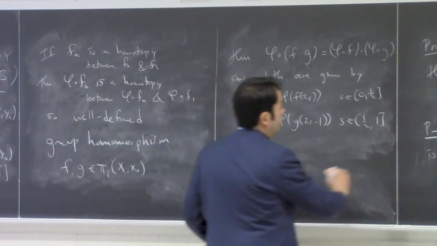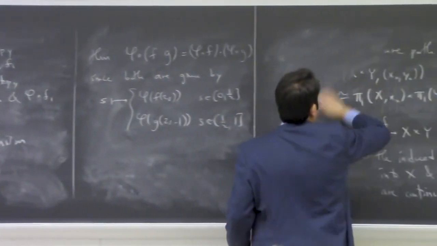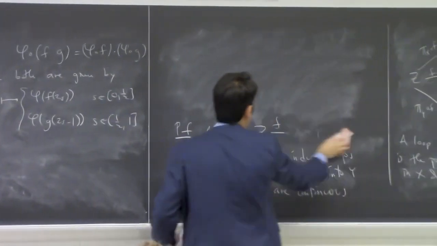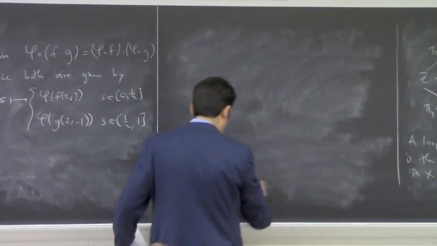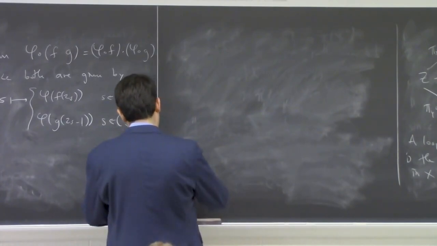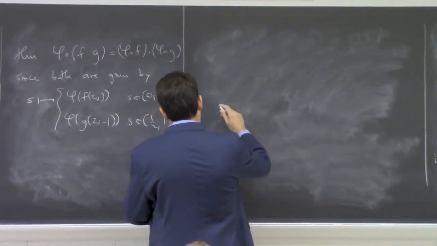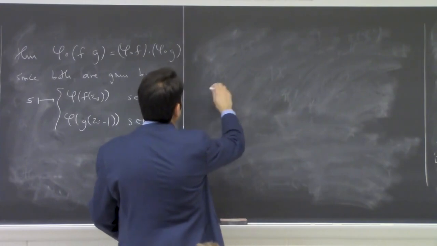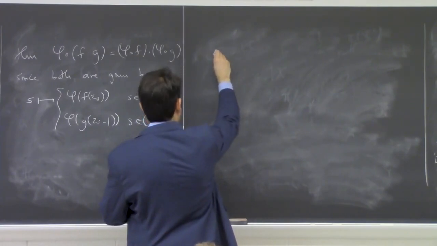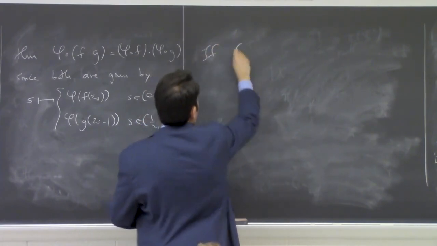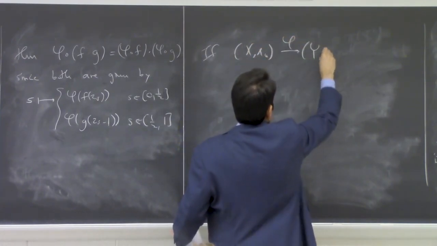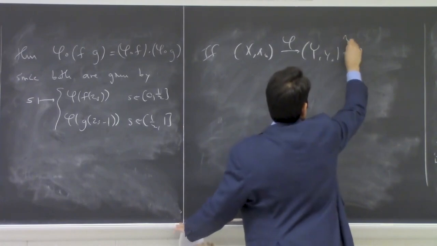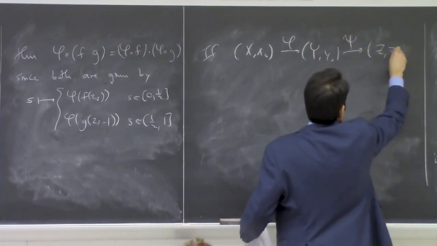Okay, some easy properties that are worth pointing out. Let's say that you have x naught maps to y naught, and then another map that sends you to z naught.